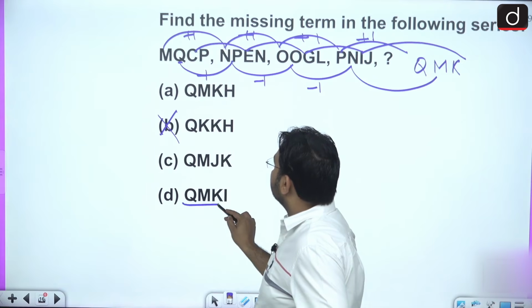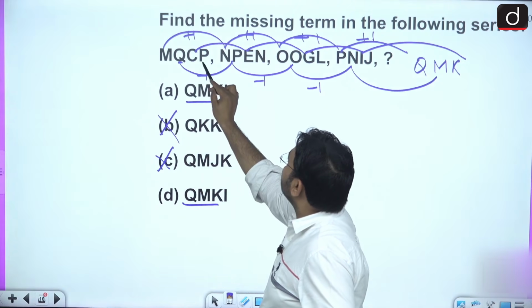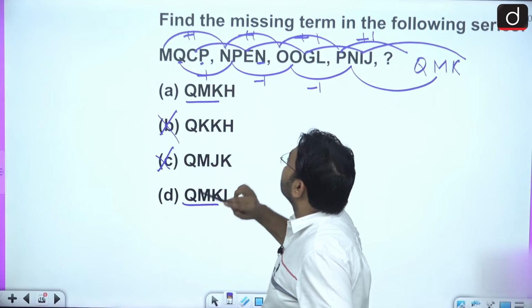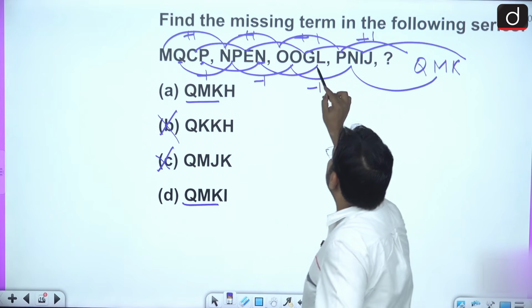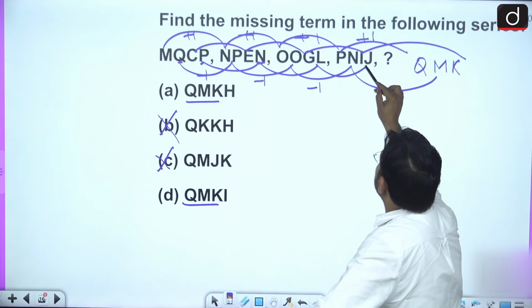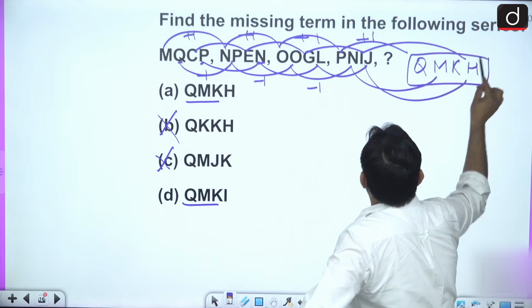QMK in this, and this P and N minus, N minus 2, L minus 2, J minus 2. So QMPH.